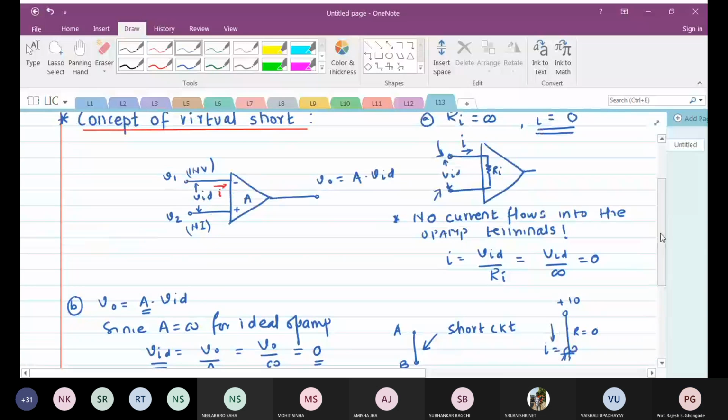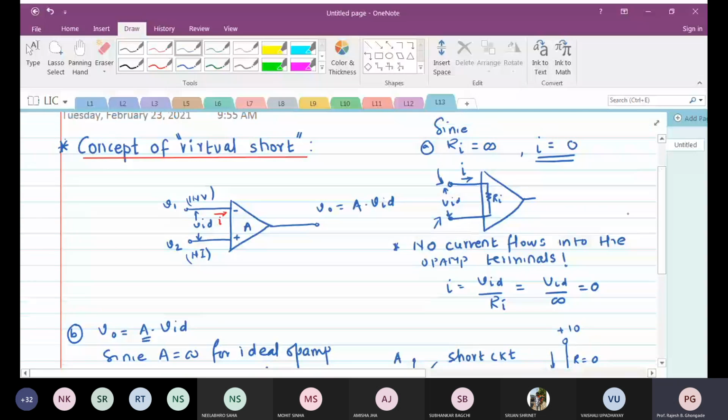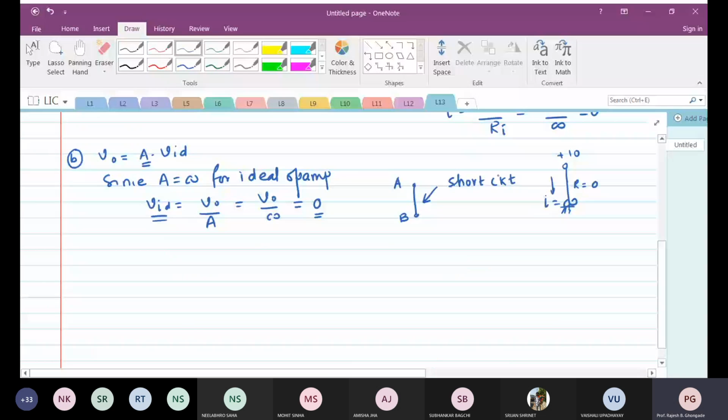So even though there is a short circuit across the operational amplifier, that is, even though both these terminals, inverting and non-inverting, are at the same potential, that is, they are short circuited, in spite of that, mark my words, what is the current flowing between them? It is 0. Isn't it interesting? We have a situation here where both points A and B are short circuited, but still there is no current flowing between these two points.